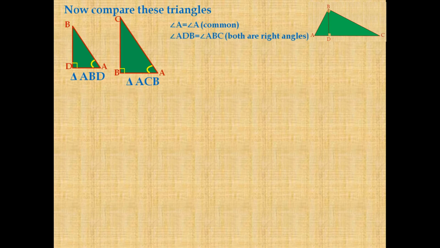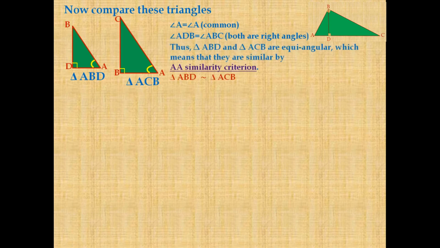From this, what we conclude? Triangle ABD and triangle ACB are equiangular, which means that they are similar. By which property? AA similarity criterion. Therefore, triangle ABD is similar to triangle ACB.